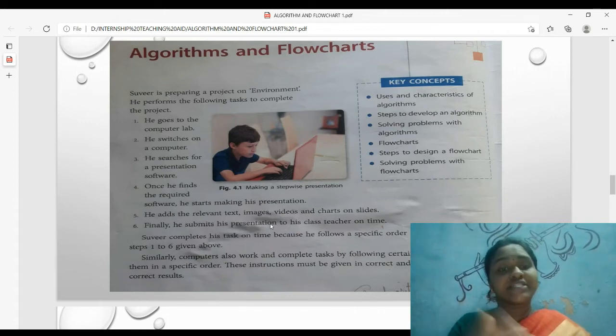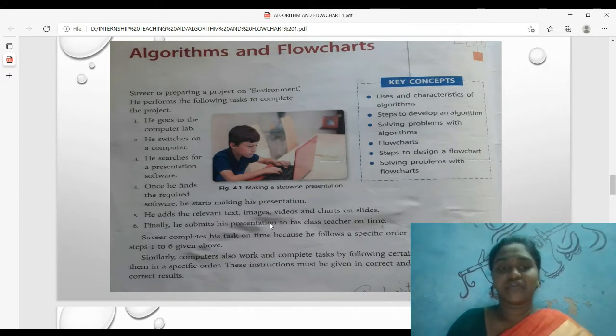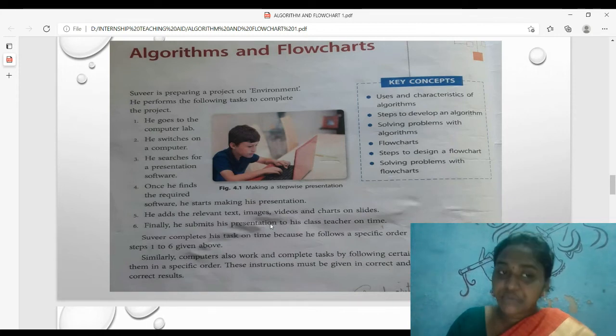For preparing his project, he performs the following tasks, following certain rules to complete his project work. The very first step he does is he goes to the computer lab.